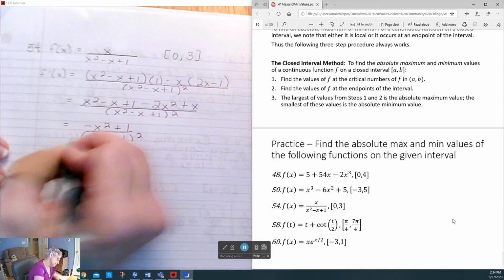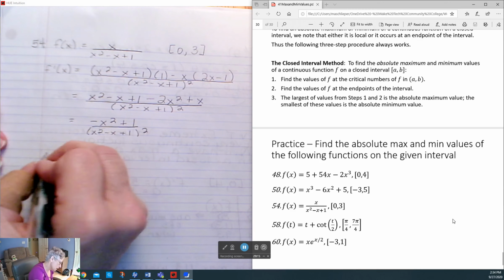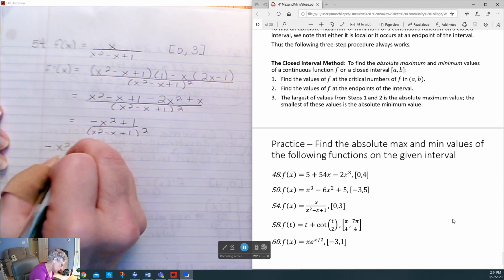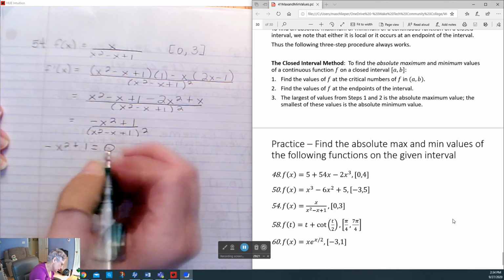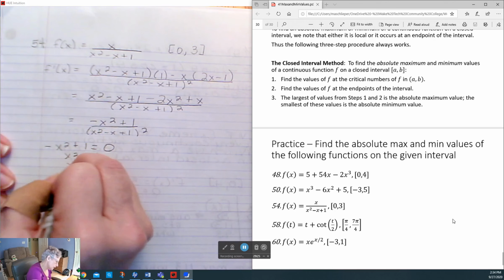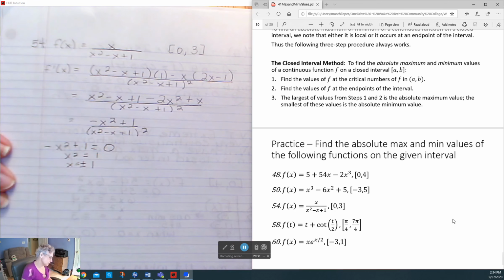So if I set this numerator equal to 0, because the only way a fraction can be 0 is if the numerator is equal to 0 and the denominator is not equal to 0. So negative x squared plus 1 equals 0 means that x squared has to be equal to 1. So x is equal to plus or minus 1.